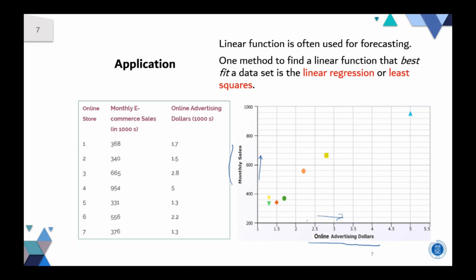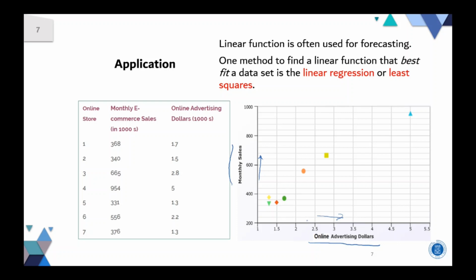So now you know that when I spend more dollars in online advertising, the sales will also increase, right? But now you want to quantify, you want to know how much the increase will be. So one of the ways to answer that question is by using a linear function.